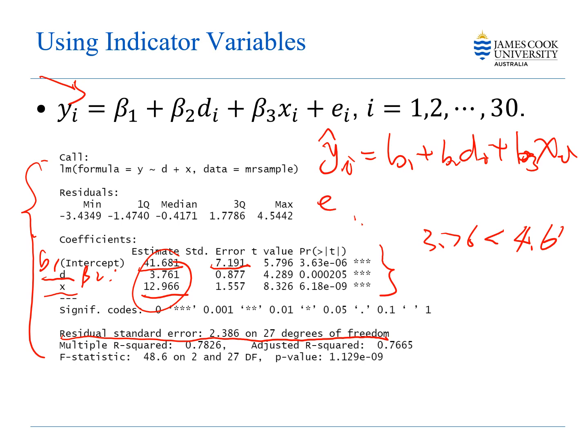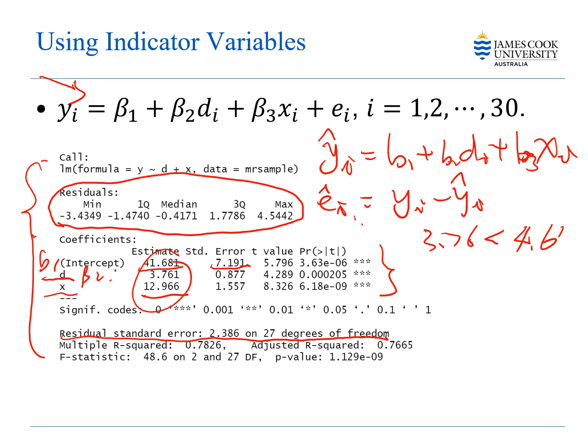So residual is the estimate of the error terms. So ei hat is just Yi minus Yi hat. So this paragraph tells us information about these residuals.